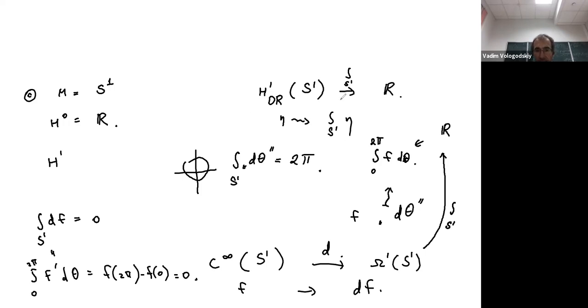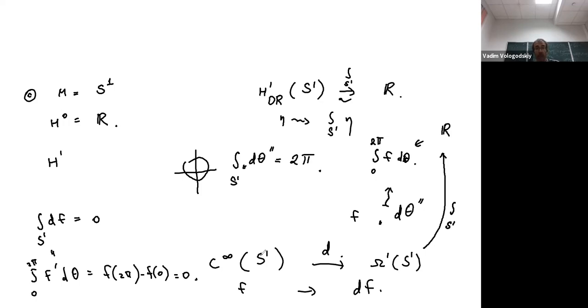And I claim that, in fact, this map is an isomorphism. In order to do this, you have to show that if the integral is 0, then your eta is the differential of a function. And this is also not difficult.